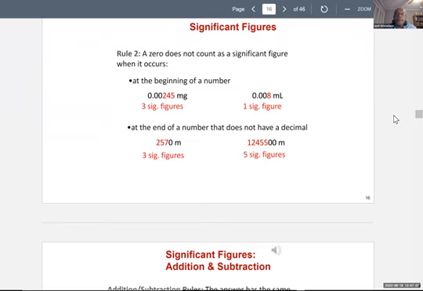In 0.00245, how many significant digits are there? The zeros at the beginning are called leading zeros. They are not significant. Therefore, you don't count them. Therefore, 5, 4, 2, only 3 count, for 3 significant figures. The next problem, 0.008.